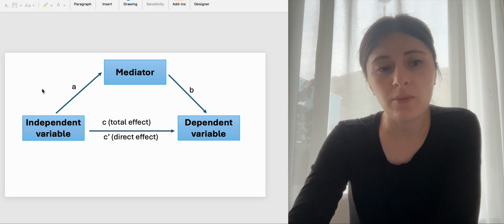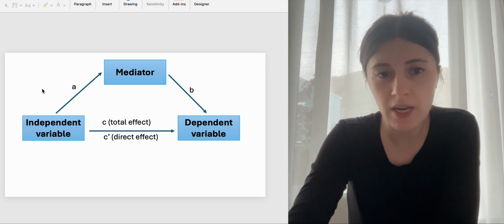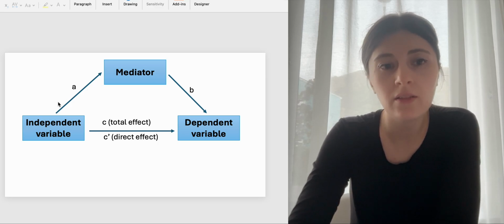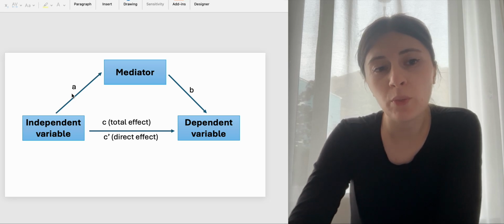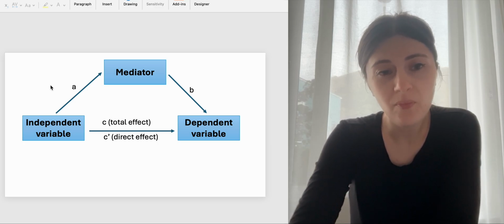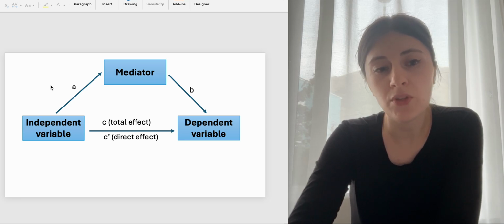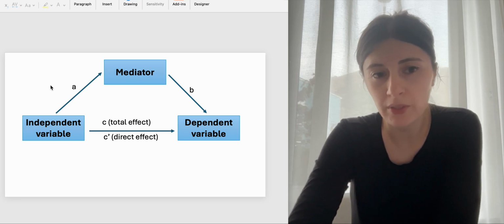Basically, it's a regression model where the independent variable is a predictor and the mediator is the outcome. And again, the regression coefficient we obtain here can be positive or negative. Positive meaning that the independent variable increases the mediator. So in our example, death salience was increasing the belief in God.